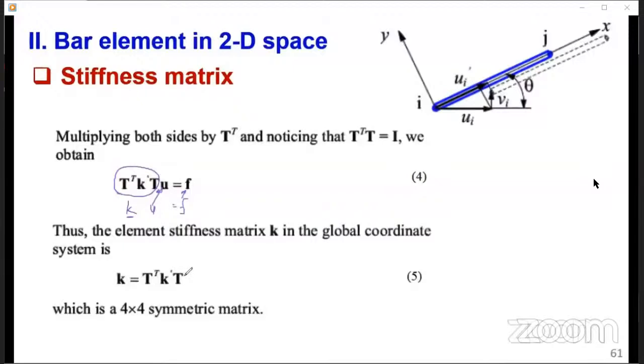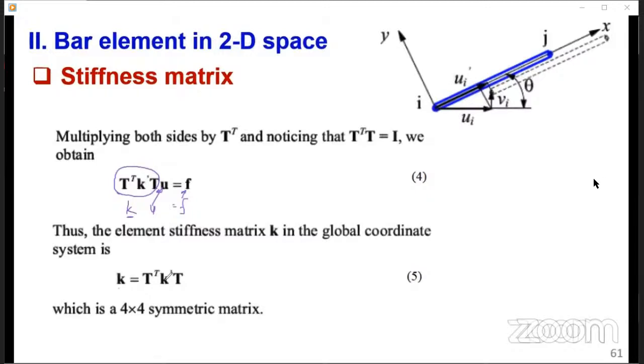And that's how you have been able to transform or obtain the global stiffness matrix from the local stiffness matrix. So anytime we have a structure having different elements oriented in different coordinate systems, you first determine the matrix for each element in its elemental, or local, coordinate system.